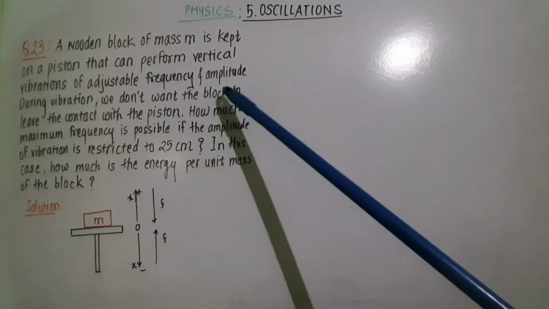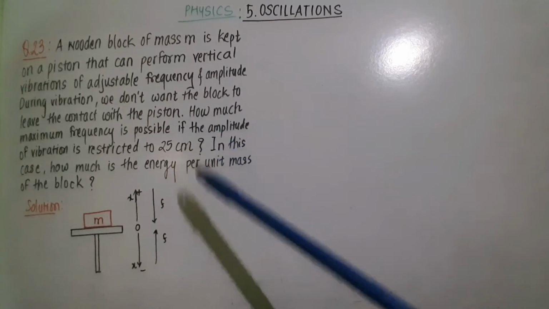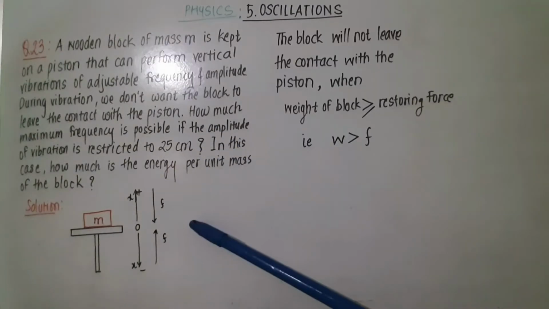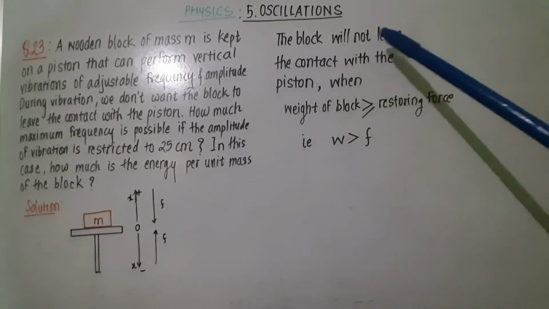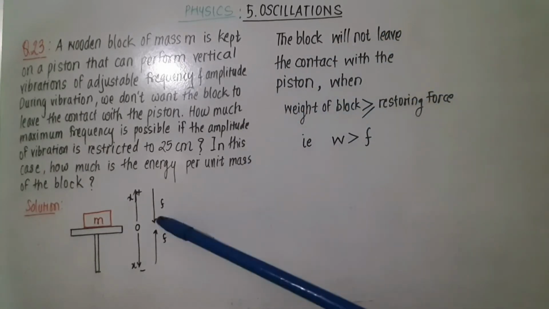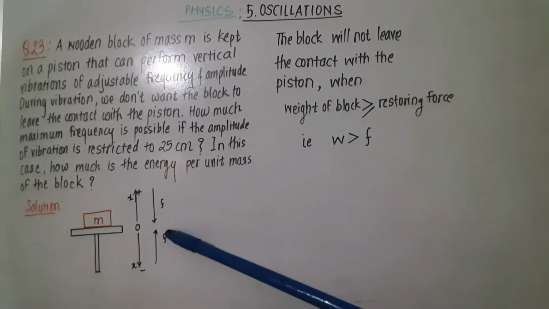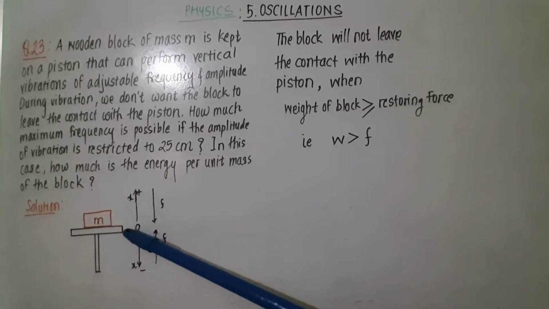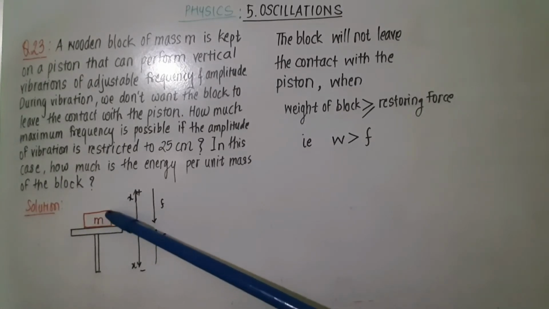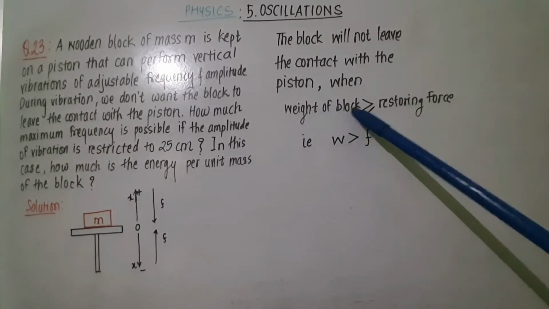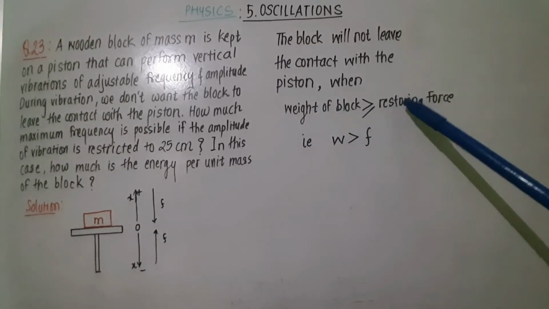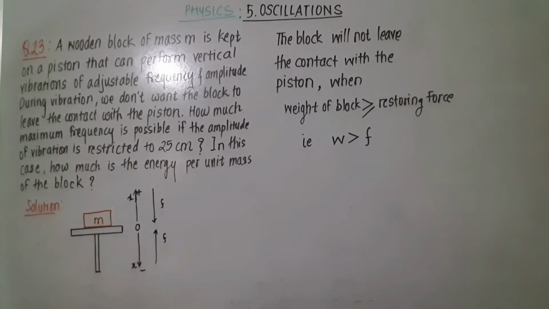We don't want the block to leave the contact with the piston. So in this case, the block will not leave the contact with the piston only when the restoring force acting on this block is less than the weight of the block, or we can say when the weight of the block is greater than or equal to the restoring force.